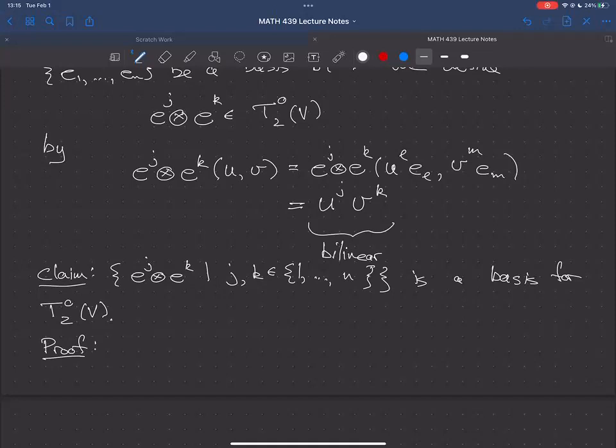But in this case, we don't necessarily know a priori the dimension of the vector space T02 of V. So we really have to prove that it's both linearly independent and that it spans, unless we can put together some other argument about what the dimension of the space of bilinear mappings is.